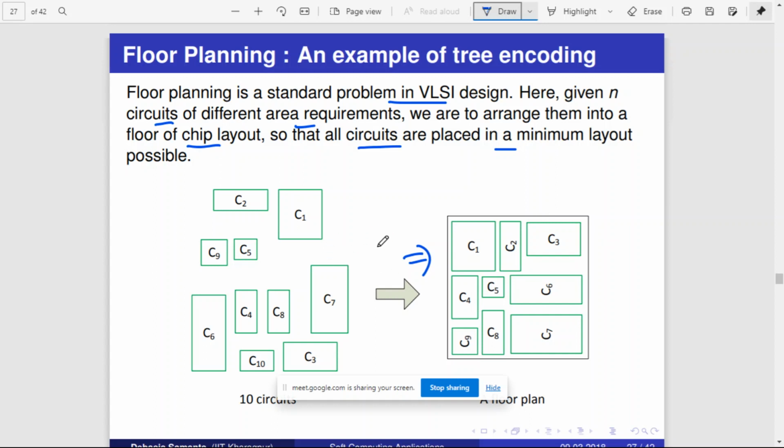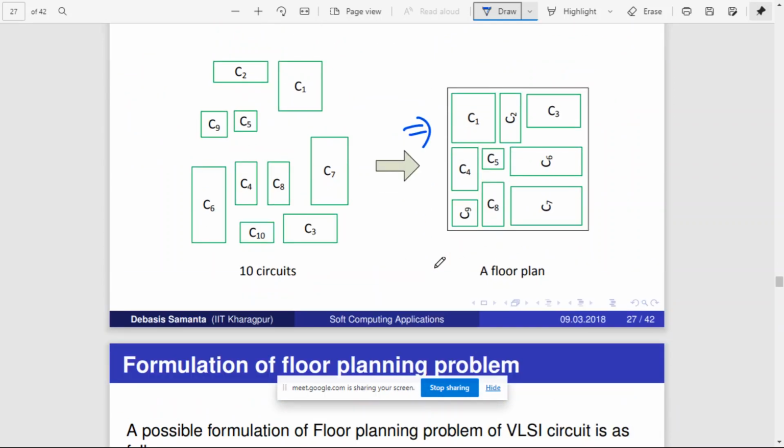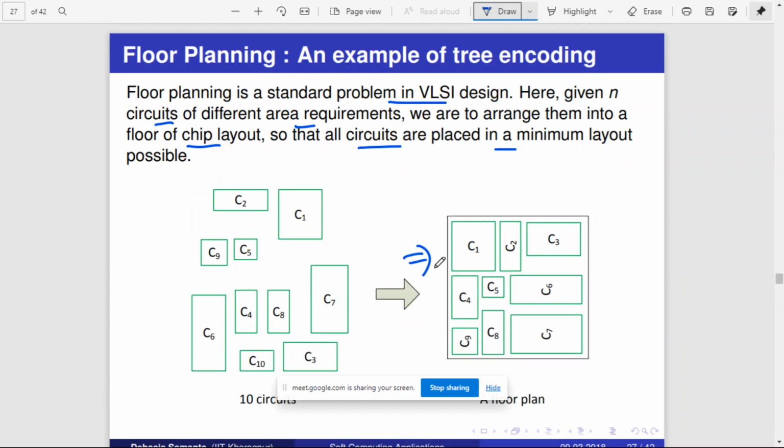So there may be different ways of arranging these circuits. Here it is arranged in one style. Like that there may be multiple ways of arranging this in different styles. Okay, but how can we identify the minimum solution? Here we are not going to the solution. How can we represent this using tree encoding technique?